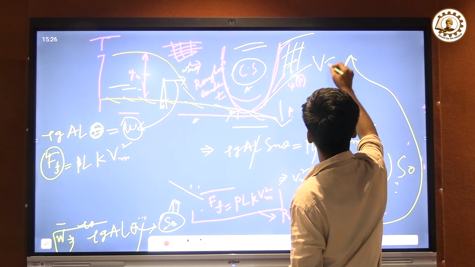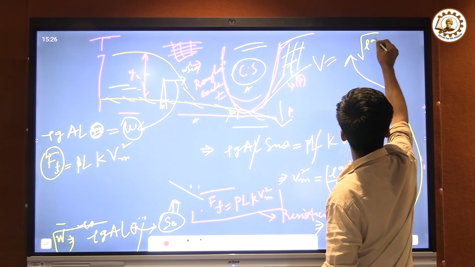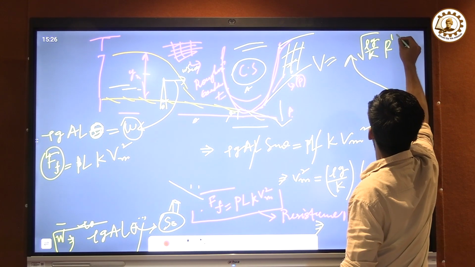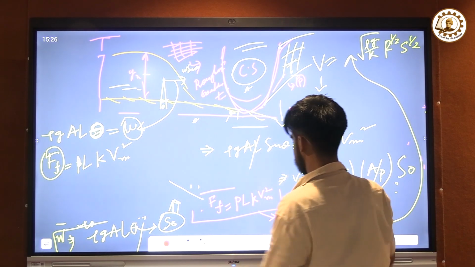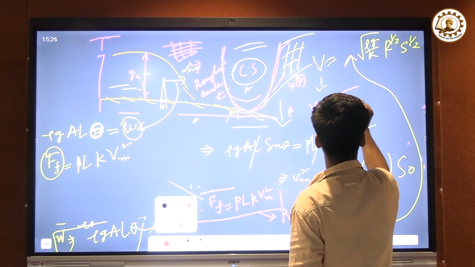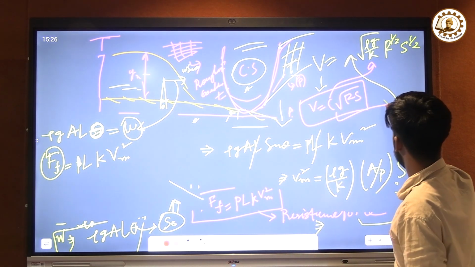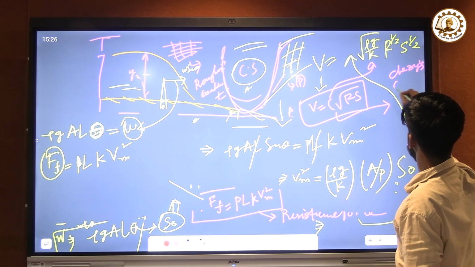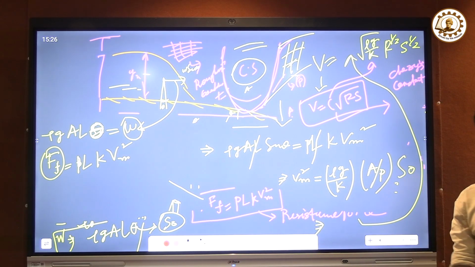The V will be root over rho g by K, R to the power half, S to the power half, and they also write V equal to C root over R S, where this C is called the Chezy's constant.